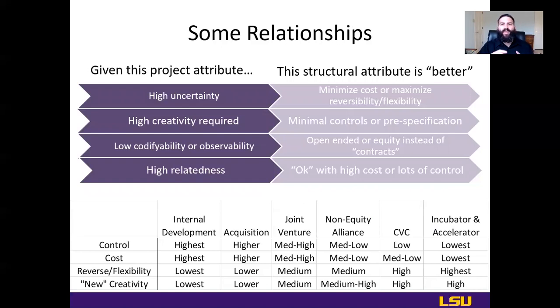It's going to allow that working things out on the fly to actually flourish and be successful. So as you look at our potential options across the bottom, where do we see BP giving up a lot of control, decreasing their overall cost, having a high degree of flexibility, and making sure they maximize the creativity that's going into the process?